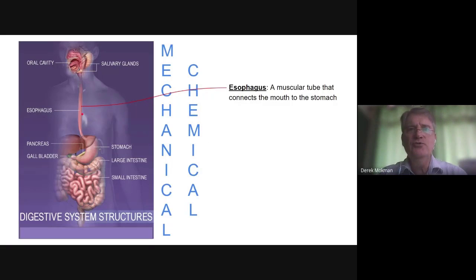And sometimes you notice when you're swallowing food that it kind of gets stuck and you have to try and get that muscle back to work. Well, that's what happens. The esophagus pushes down. It's called peristalsis, this particular movement, but we don't need to worry about that word. But that muscle movement creates peristalsis and pushes the food into the stomach.